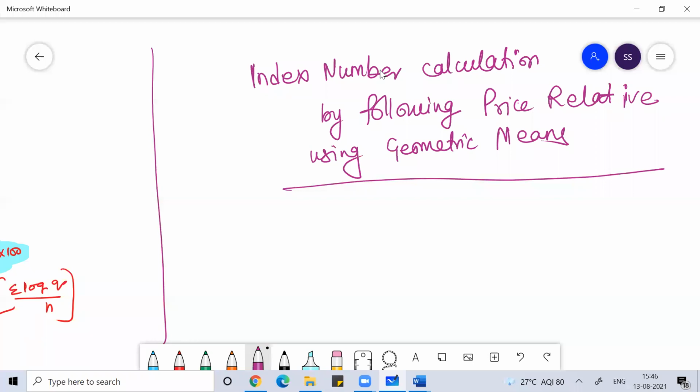Today we will start with the index calculation using the price relative method of geometric mean.